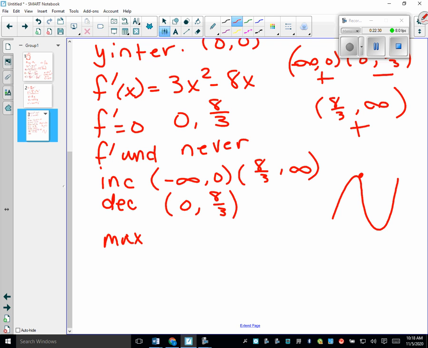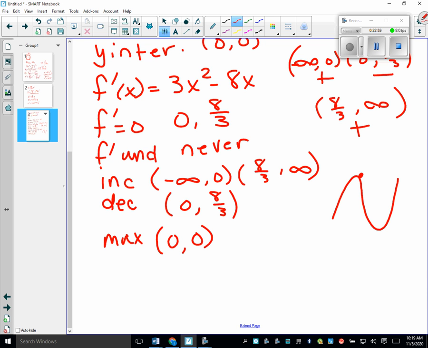In the derivative, 0, the points are in the original. So it should be 0, 0. What do you mean the points are in the original? Max is the point. So I put 0 in the original.